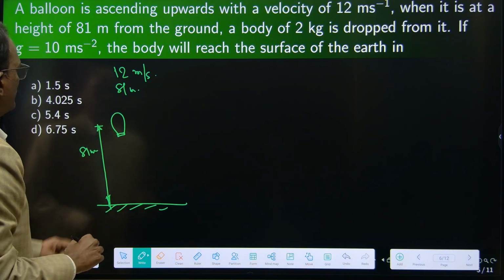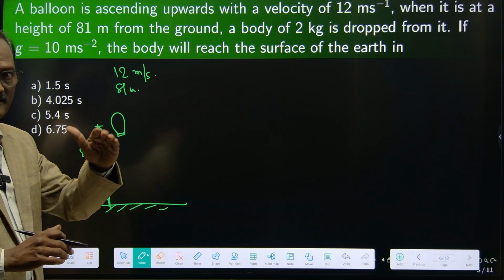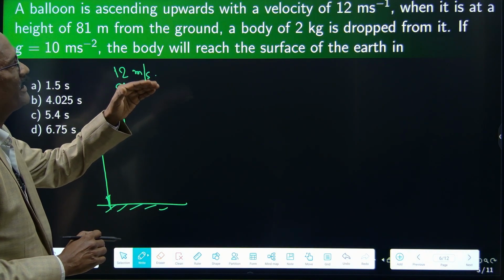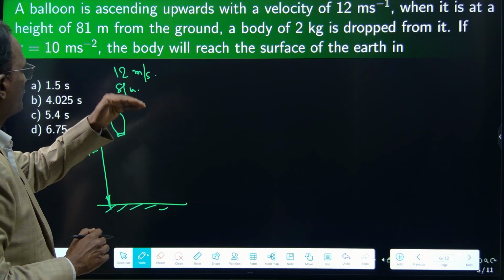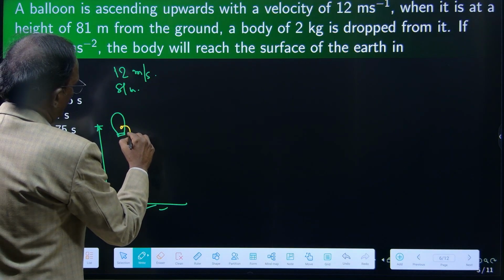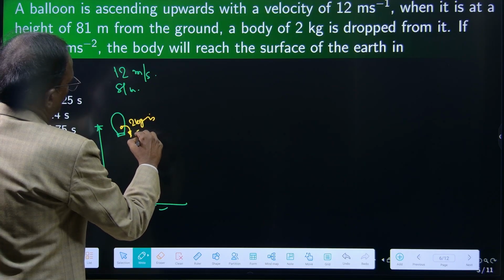So this 12 meter per second is constant velocity, right? When it is at a height of 81 meter from the ground, a body of 2 kg is dropped from it. A body of 2 kg is dropped.